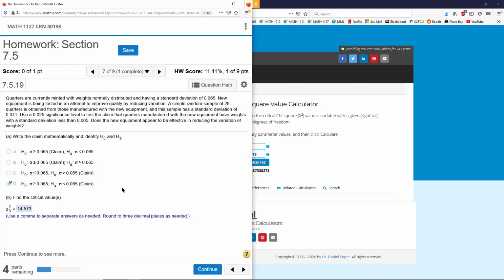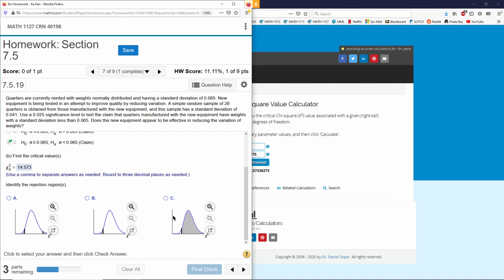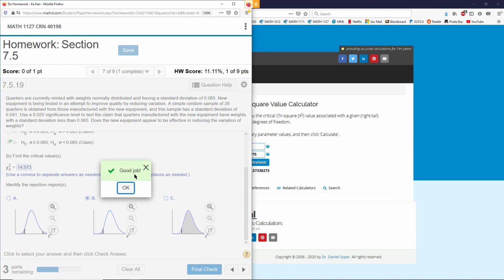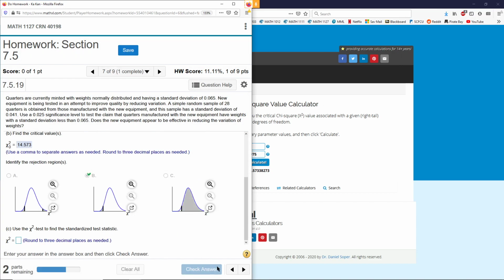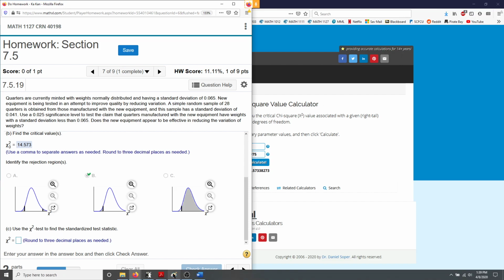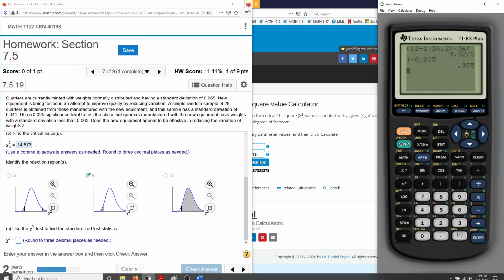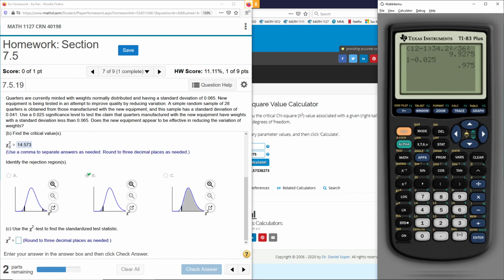Now let's go down to the rejection zone. It's a left tail test, so it should look like this one, just like the last problem. I'm going to hit the continue button to go to the next one. Now use the chi-square test to find the actual test statistic based on this information. Remember, on the calculator, just use the formula, the n minus 1 thing.